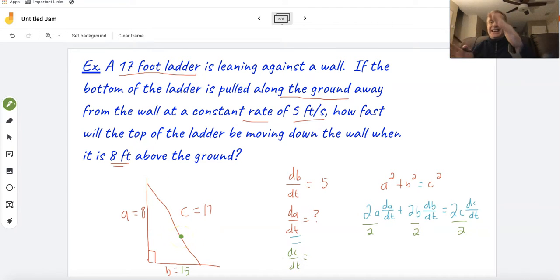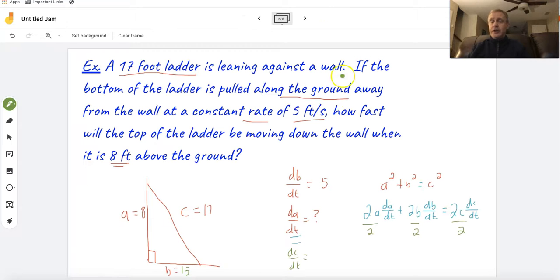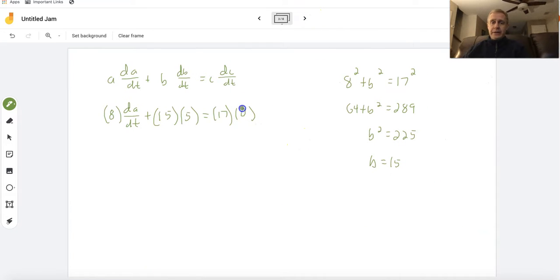It's going to stay the same length throughout the entirety of the problem. Again, this ladder is going to fall down, but the length of that ladder is not changing at all. And since that side length is not changing, the derivative dc dt must equal 0 to correspond to the fact that this side length does not change at all throughout the problem. So dc dt we can say is equal to 0, and I'll plug that in here.